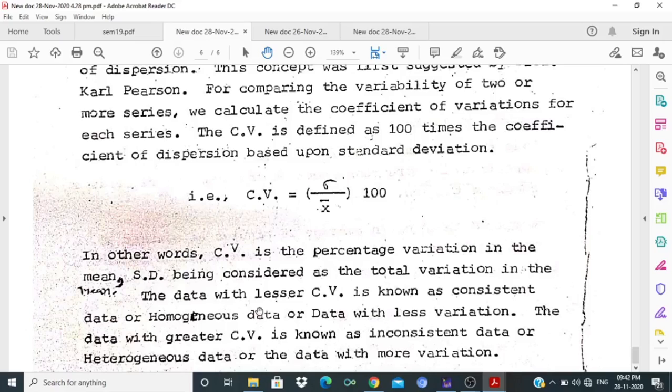The data with lesser coefficient of variation is known as consistent data, or homogeneous data, or data with less variation. The data with greater CV is known as inconsistent data, or heterogeneous data, or data with more variation. This is about the coefficient of dispersion.